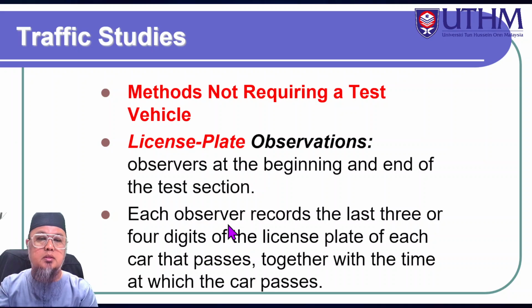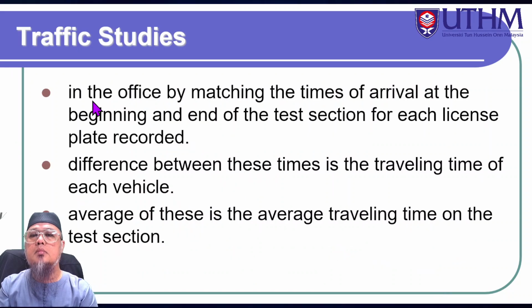So we go to the site and observe the movement of vehicles from the start point to the end point. Each observer records the 3 or 4 digit license plate of each passing vehicle together with the time the vehicle passes. We call this the license plate method, because the individual vehicle is identified by its plate number.